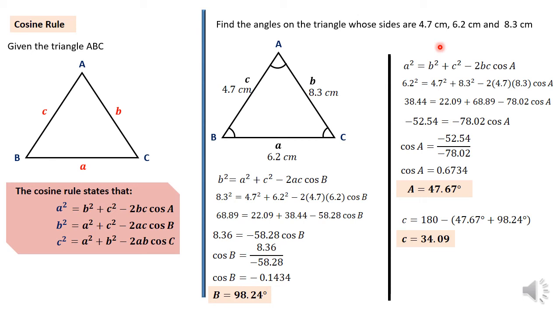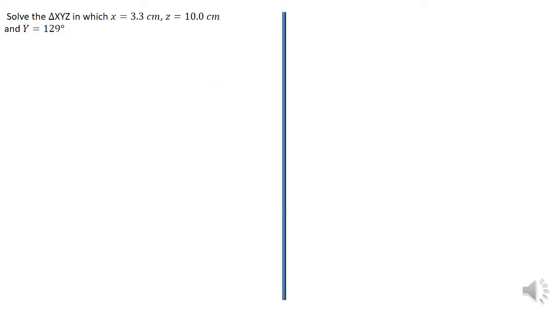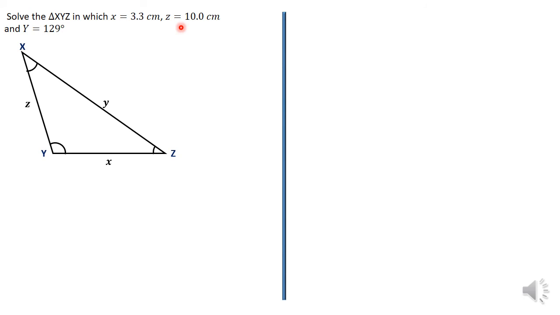Let's move on to another example. We also solve this triangle. We're given the small letter x is 3.3, small letter z is 10, and capital Y is 129. So I've just drawn it there and marked appropriately.